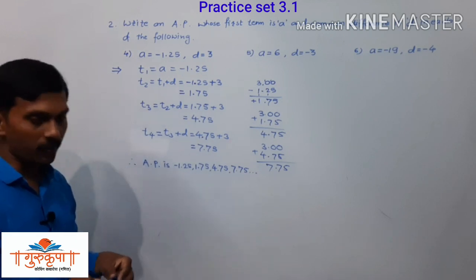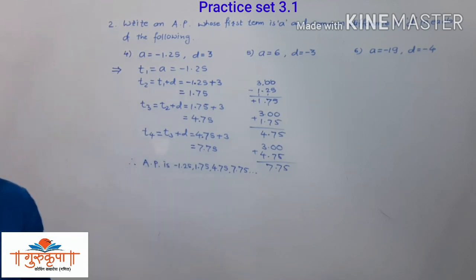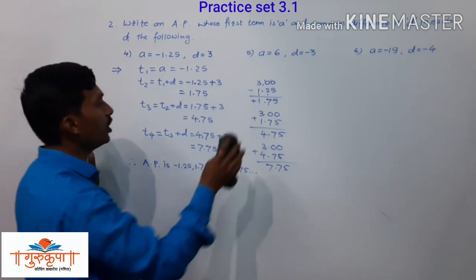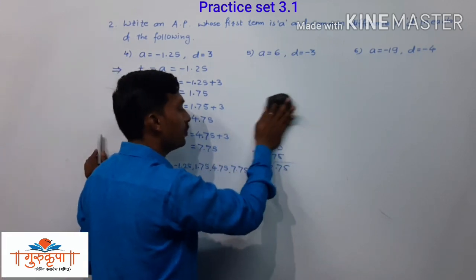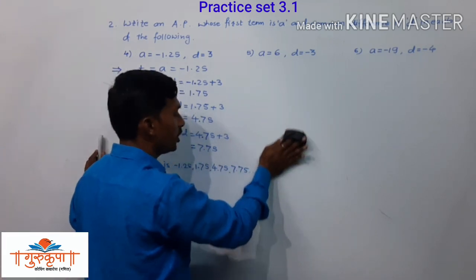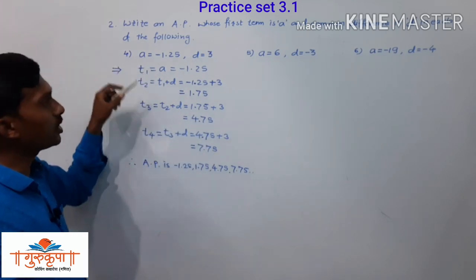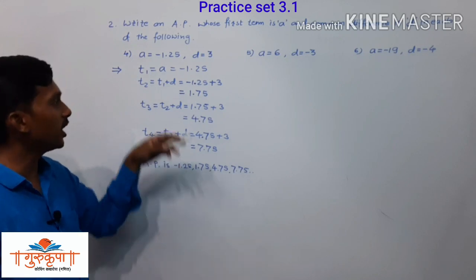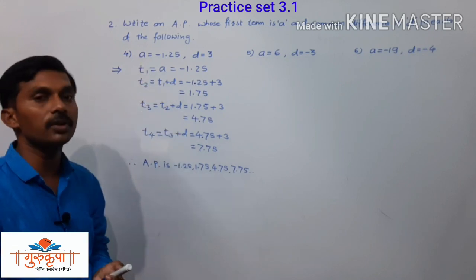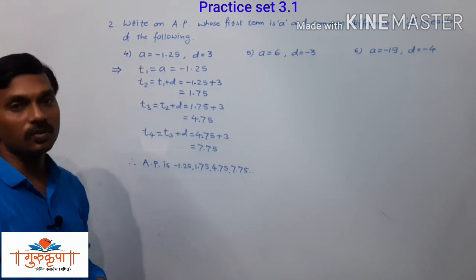As there are infinite terms in the AP, but here we have to get only 4 terms that we determine. How many terms we have to get, that we decide. Either we have to get 3 terms or 4 terms, that we decide, and in each and every example we are going to obtain 4 terms of the AP.